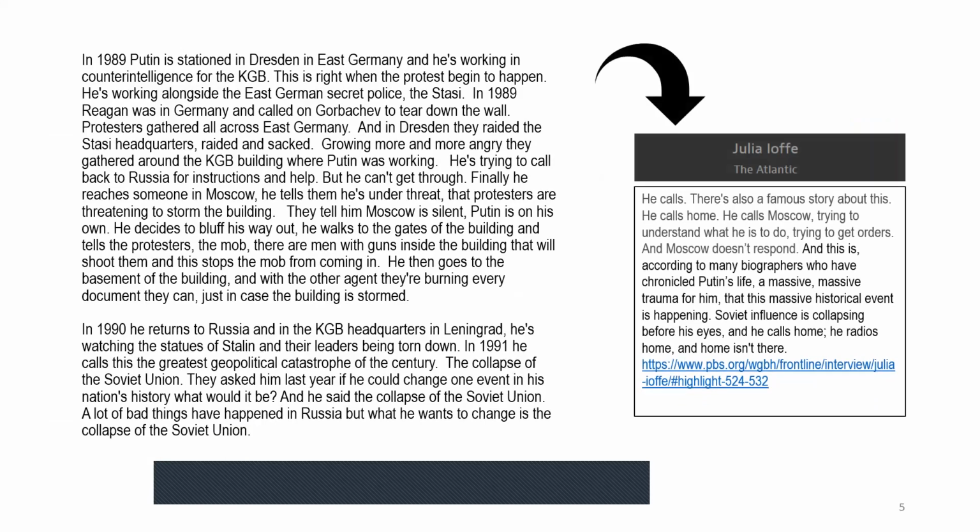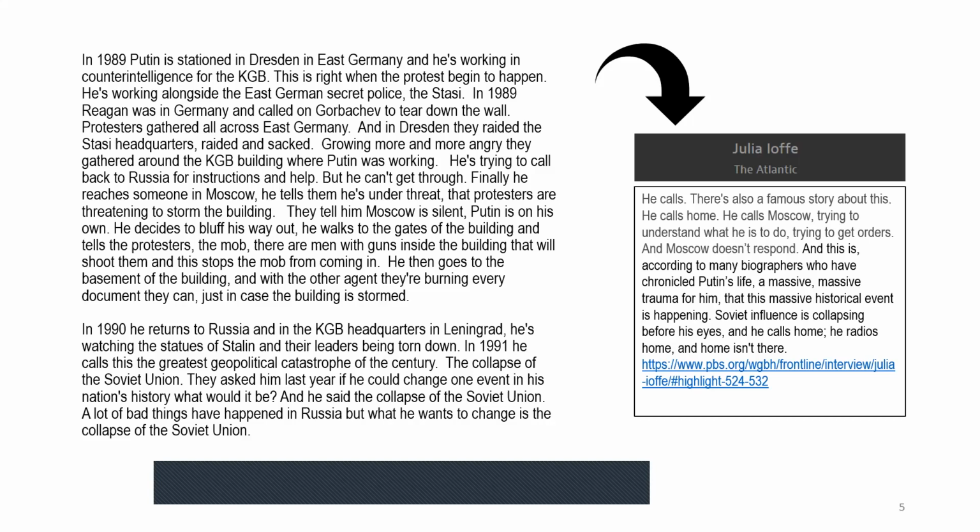In 1989, Putin is stationed in Dresden in East Germany, and he's working in counterintelligence for the KGB. This is right when the protests begin to happen. He's working alongside the East German secret police, the Stasi. In 1989, Reagan was in Germany and called on Gorbachev to tear down the wall.